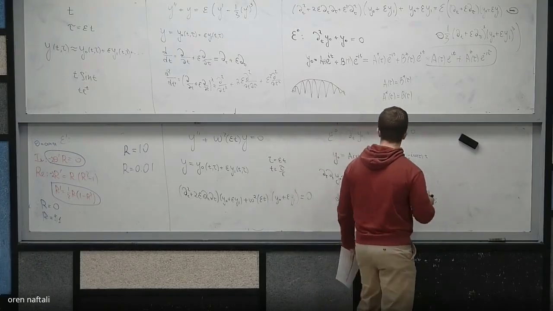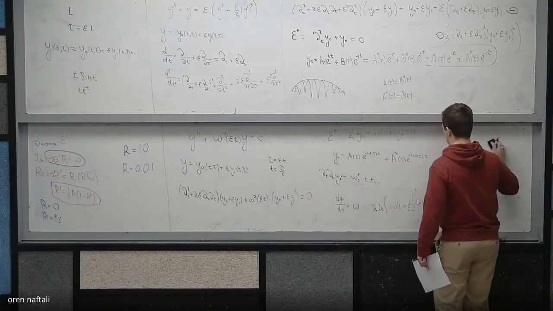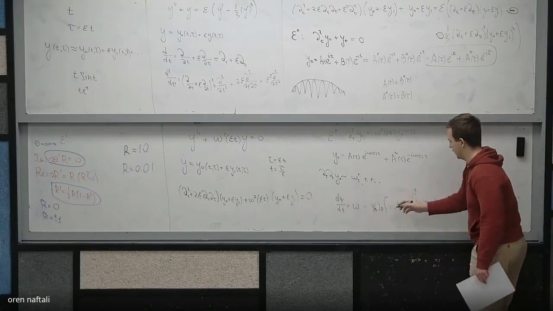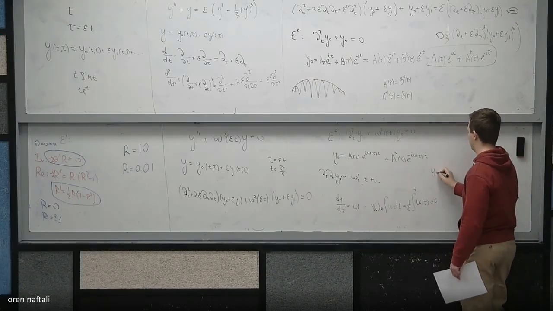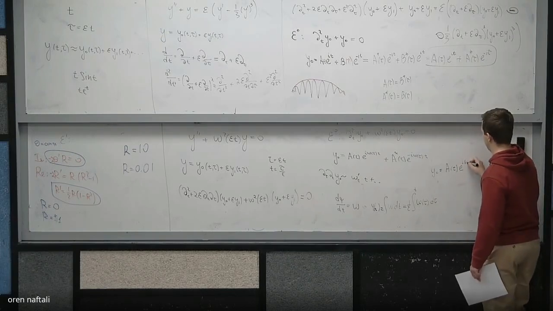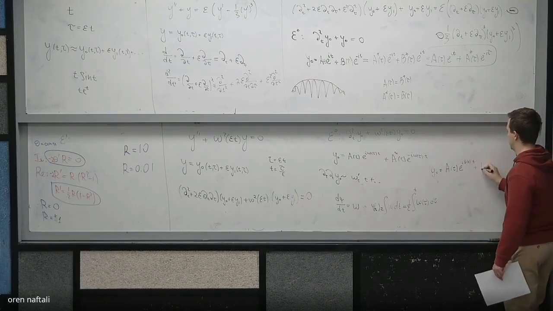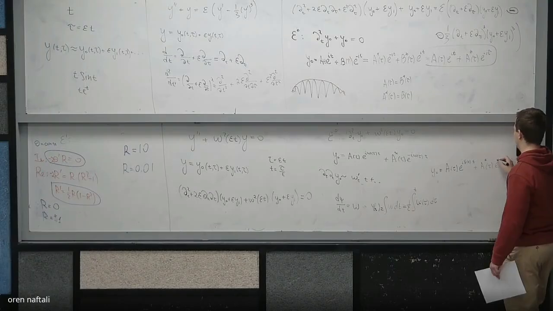And the proper solution with this phase is: y naught is A of tau times e to the i psi of t, plus A prime of tau times e to the minus i psi of t.